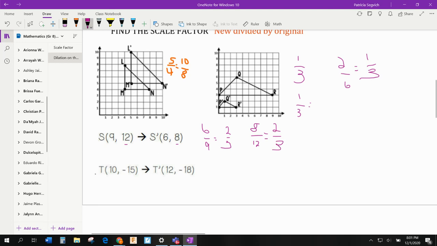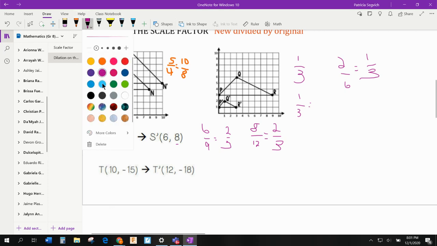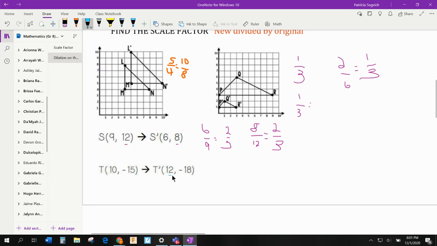Okay. For this last one, our new divided by our old, if we look at our x's first, I'm going to do our x's here in blue. Our new x is 12, our old x is 10. So it'll be 12 over 10, which is 6 over 5 if we divide by 2. So that's our scale factor.